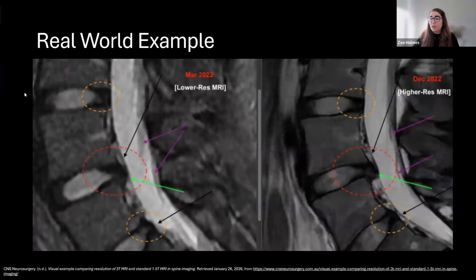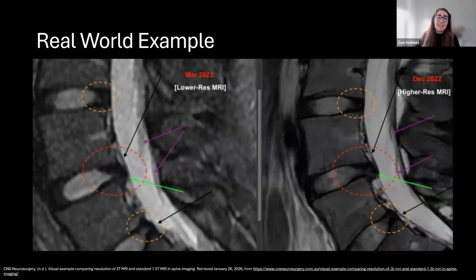How this works in the real world, here's a beautiful image of the spine. So same patient, scanned twice. First one on the left is with a standard 1.5T scanner back in 2022, and then they had one on a 3 Tesla scanner a couple of months later, and that's the image on the right.